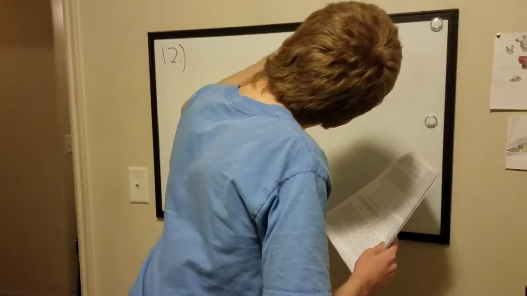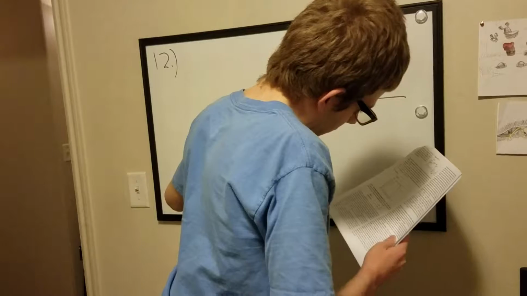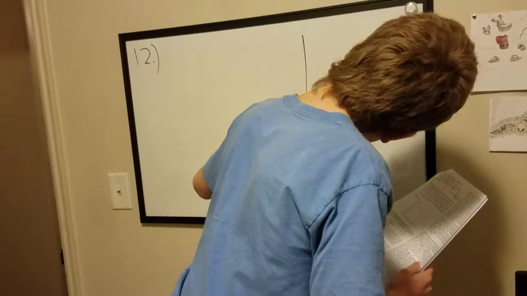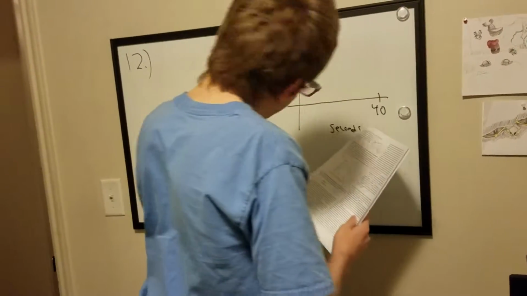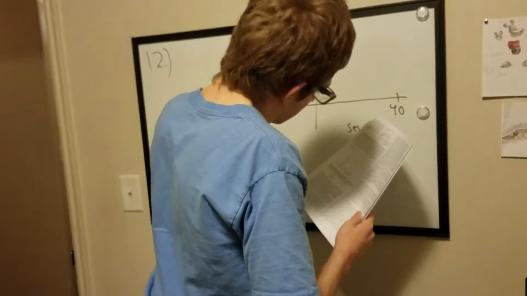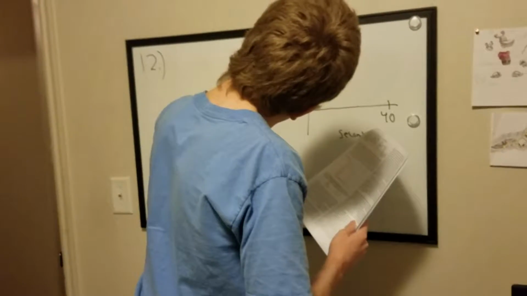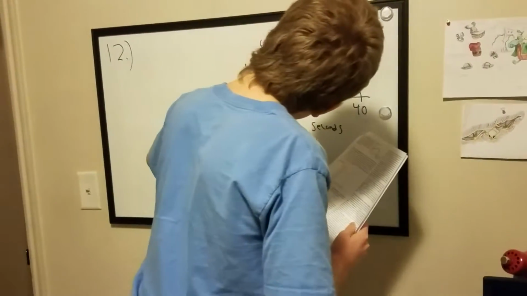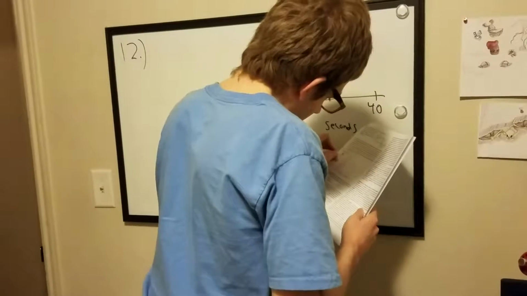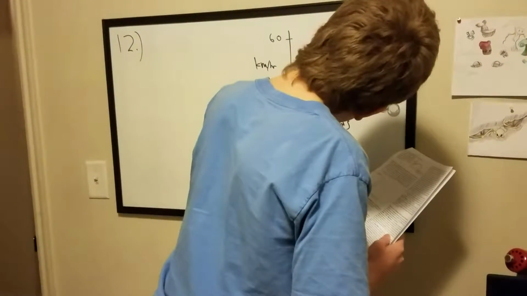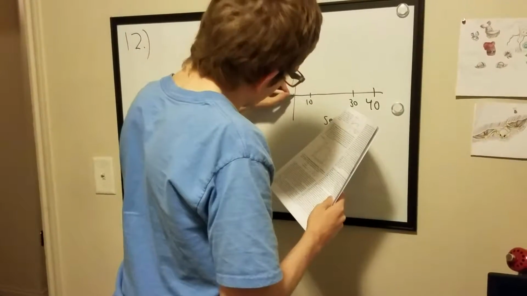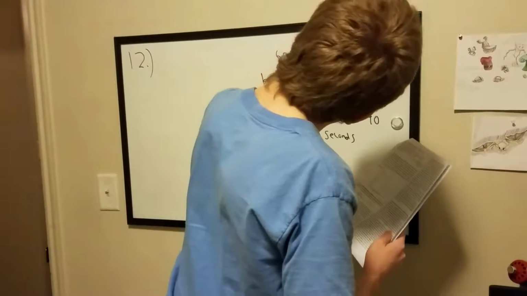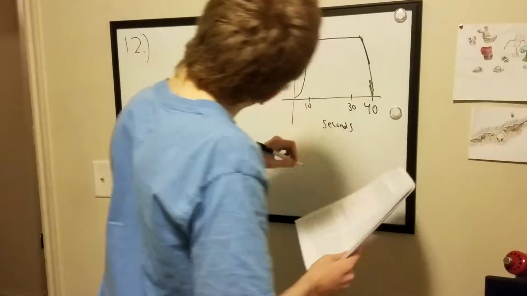Now the graph provided looks a little something like this. This is what the velocity graph looks like.